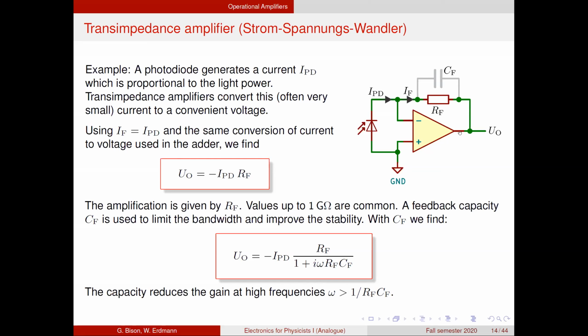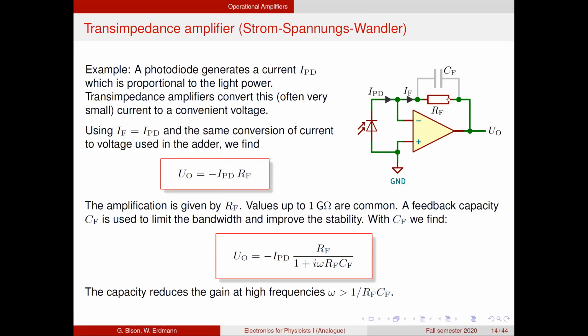Now, this has the advantage that this is only to make the system stable for fast signals. But in the long term, the feedback capacitor has infinite resistance. So in the long term, what is important is the feedback resistor. So all the feedback capacitor does is add a low pass filter behavior to the whole system, and with that it makes it stable.